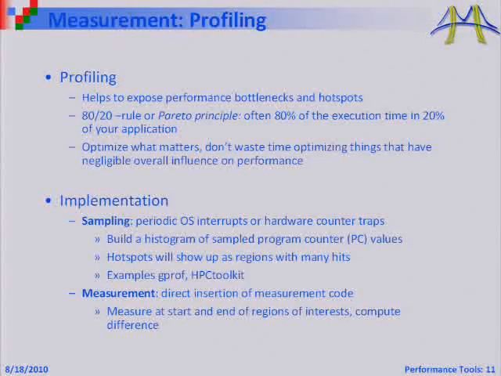By interrupting the program and examining this program counter repeatedly, you can build a histogram of these program counter values. And if you do that very frequently, you get a statistical distribution of where your program spends most of its time, because the regions that are executed a lot show up a lot in the histogram. That's actually used by a well-known profiling tool called gprof, and another one that's used in HPC a lot too.